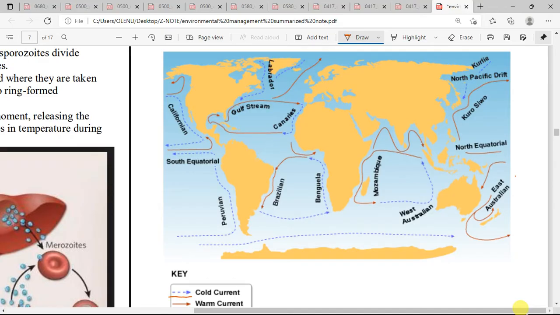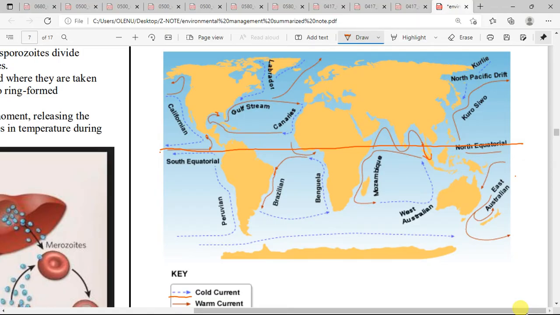Now the first thing you should know is that the warm current flows from the equator upward, north and south of the equator. This is the line that separates the world into two equal halves, called the equator. If you look at the warm current, it moves from the equator either north upwards or downwards to the south.